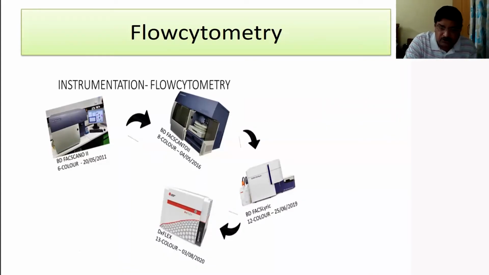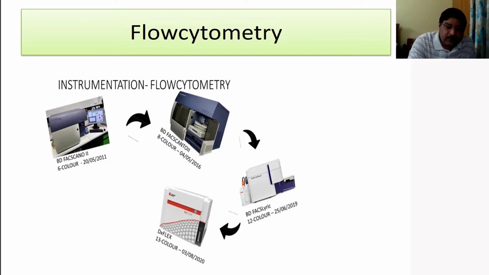This is my laboratory, so these pictures are from my lab. After the BD FACSCanto II, we acquired the BD FACSLyric, which is a 12-color flow, and then we had the DxFLEX from Beckman Coulter, which is a 13-color flow cytometer, and now the current platforms have even more colors than 12 or 13 colors.